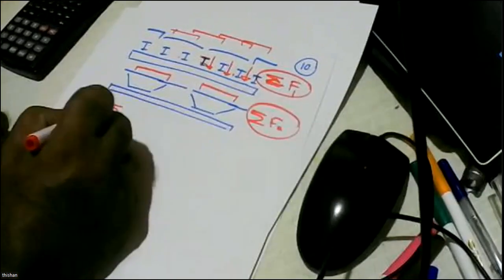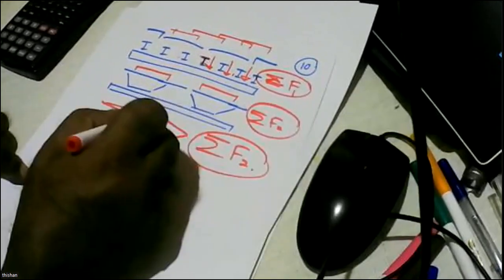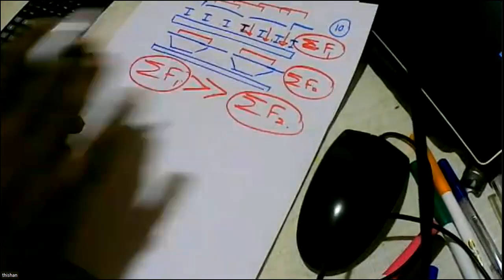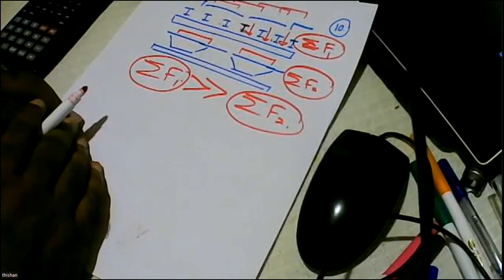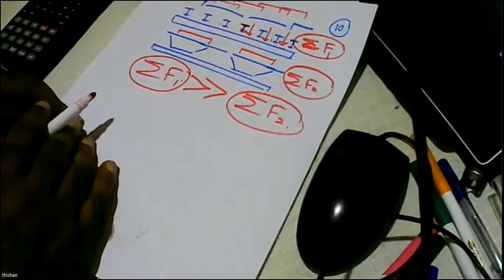You will find sigma F1 is much higher than sigma F2. Why? Because each beam is going to have a lot of overstrength, whereas these ones will not have that kind of overstrength, because we analyze it once and we decide it for one set of loads.